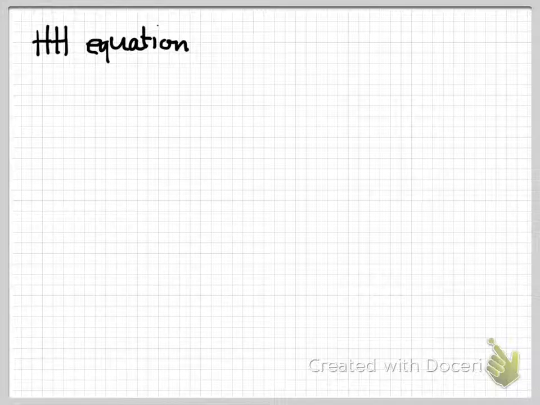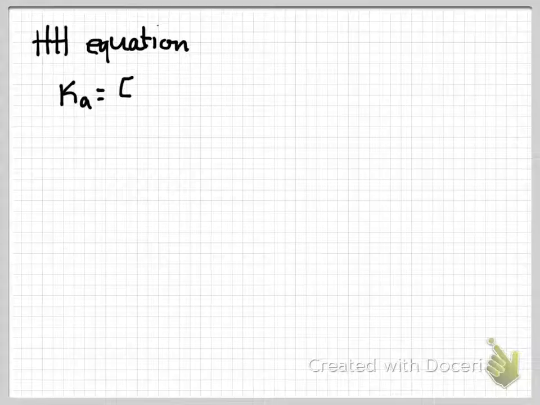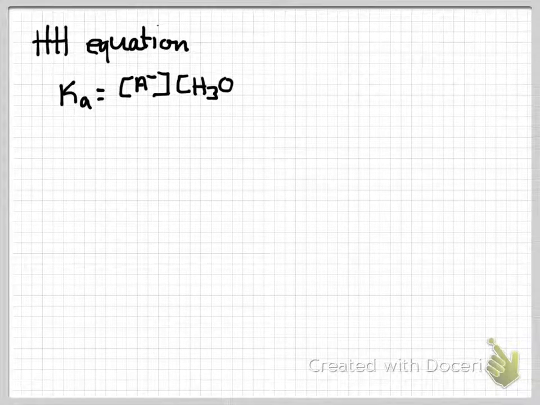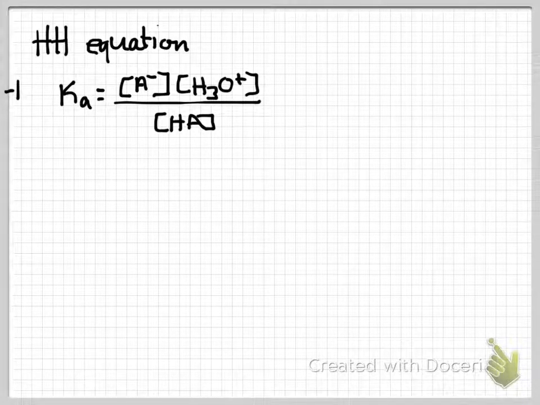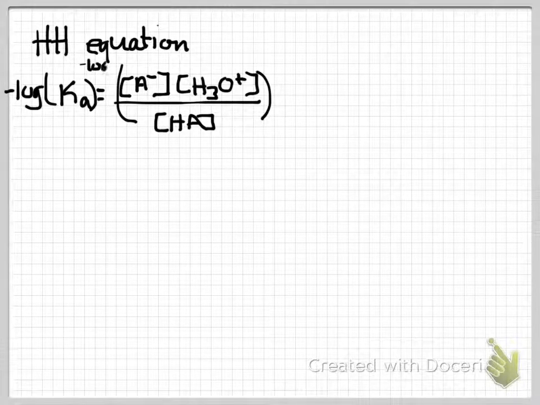And this equation is from the Ka expression. So if we have the Ka expression, if I go in and I manipulate this mathematically by taking the negative log of both sides, you can relate this back to negative log of Ka is just pKa.